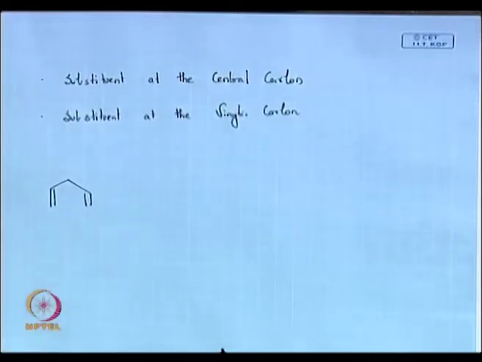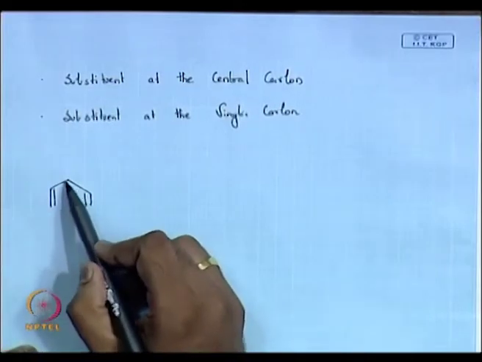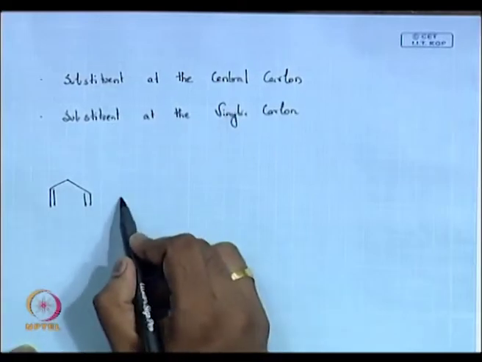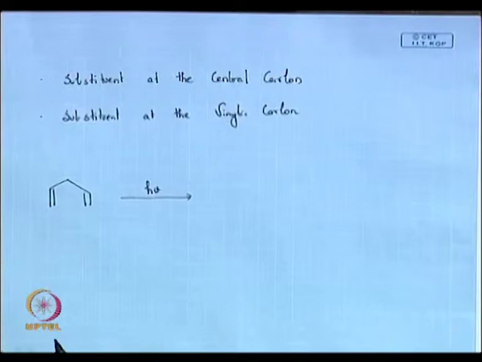I am taking a non-conjugated diene. Here my central carbon is not substituted; it just has two hydrogens. If you photolyze in the presence of a sensitizer, what do you expect? It should go by triplet radical chemistry.